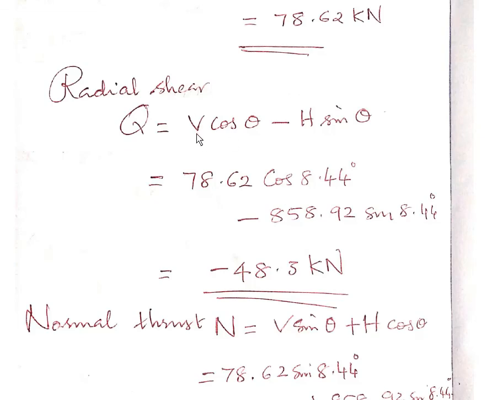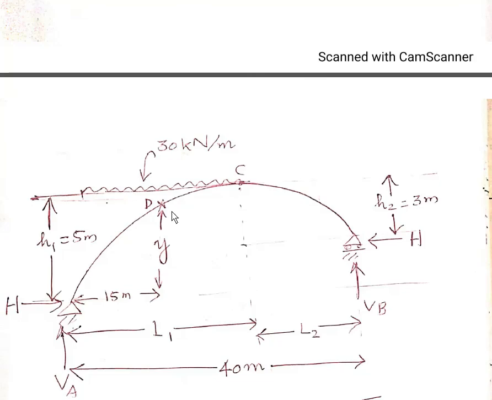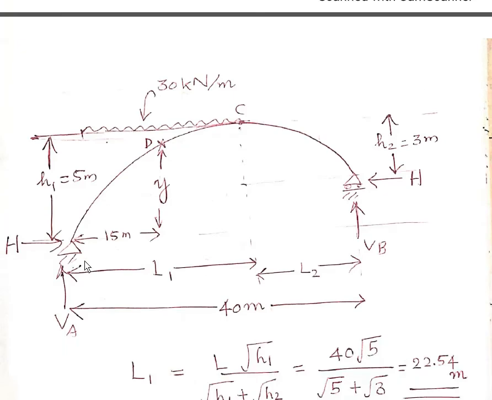Now we have to calculate the vertical shear V at D. So in this figure, what is the shear force at D? It is nothing but VA minus 30 into 15. Just find out the shear force at D, the vertical shear at D. So VA minus 30 into 15.